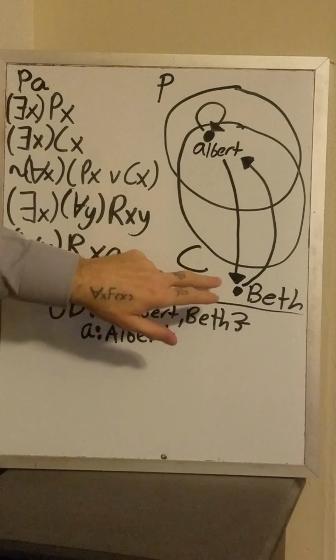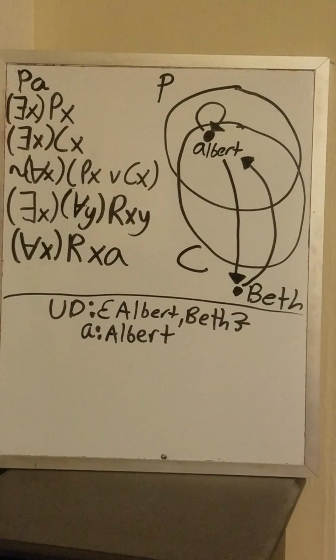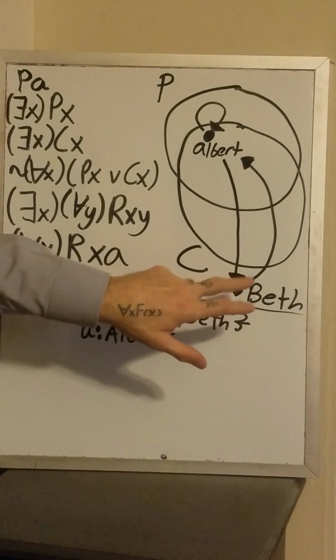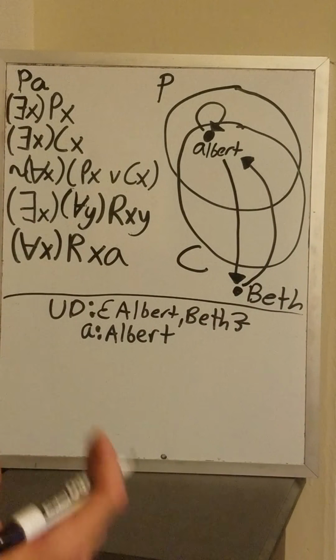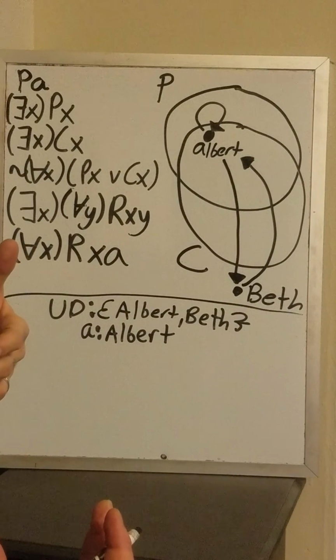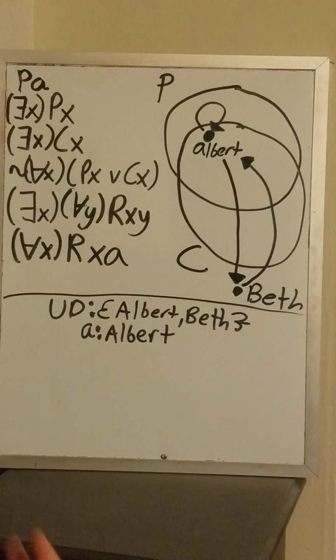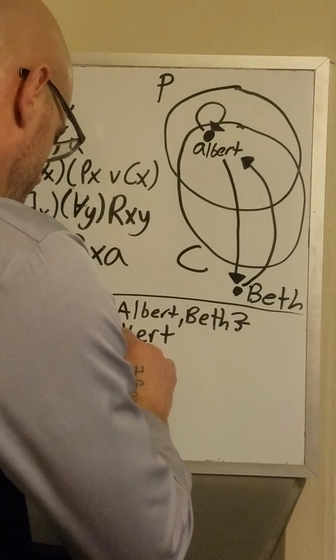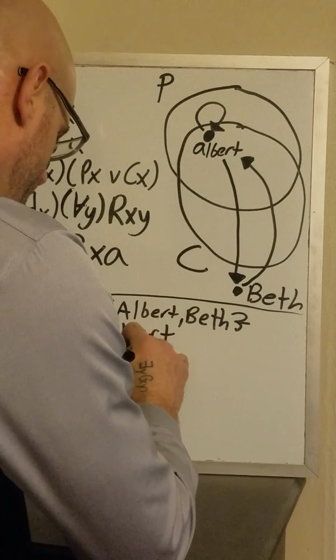A lot of the time there are going to be things in your interpretation that just don't have names, especially if you're dealing with numbers, or they're not picked out by any constants you're using. So we don't have to refer to Beth by any constant, but we can for the sake of completeness. We can say something like this: B will pick out Beth.